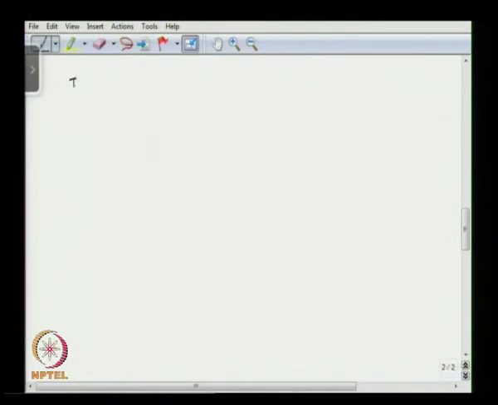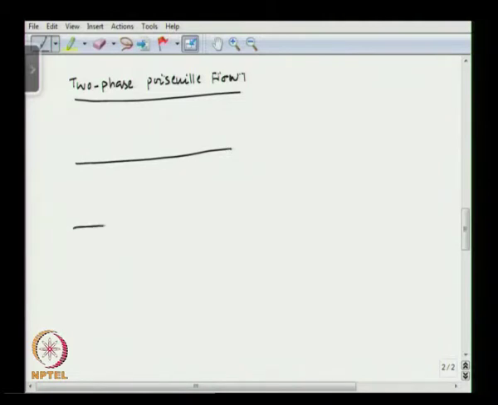So we talk about two phase Poiseuille flow. Here we talk about two parallel plates.